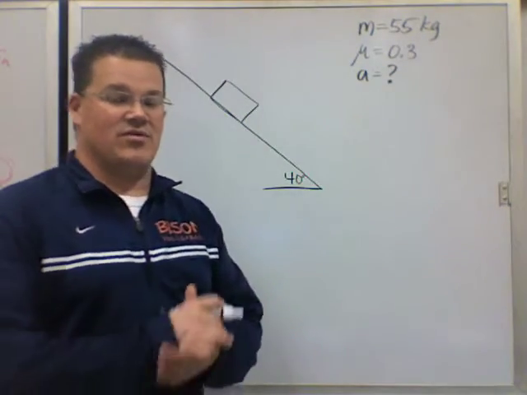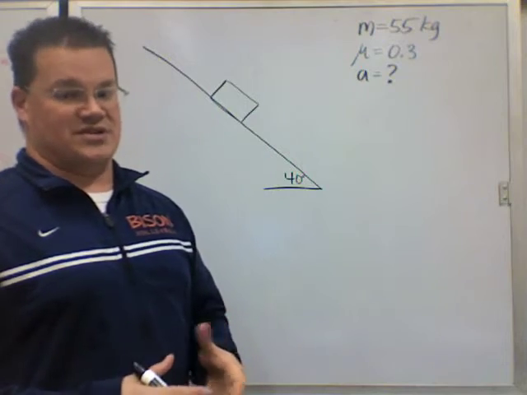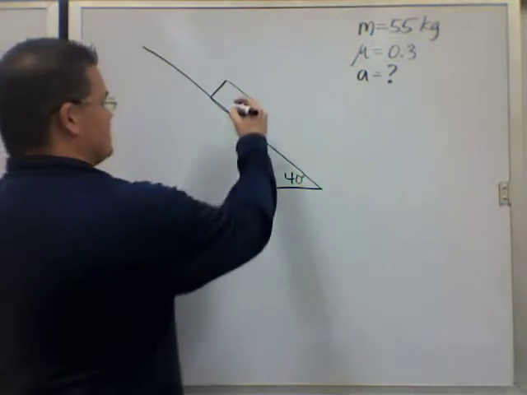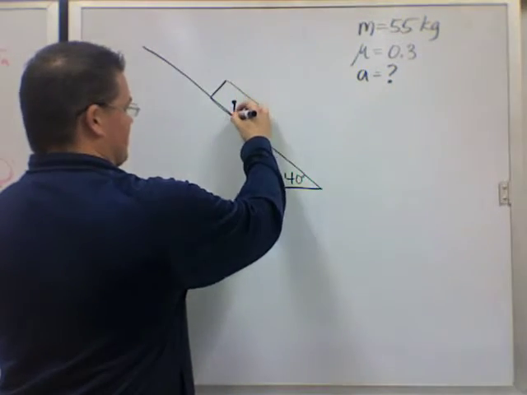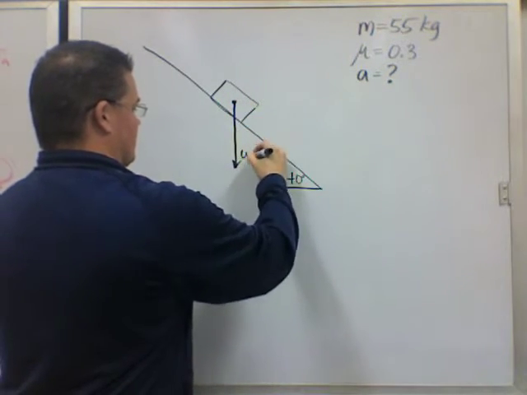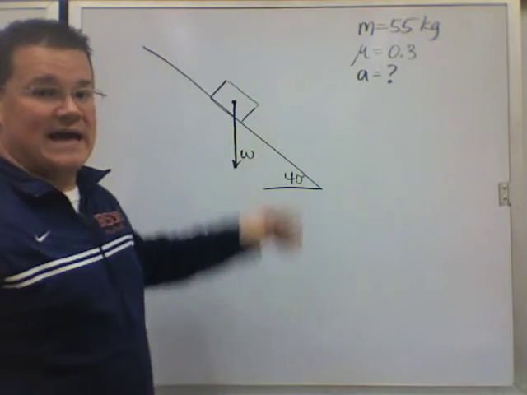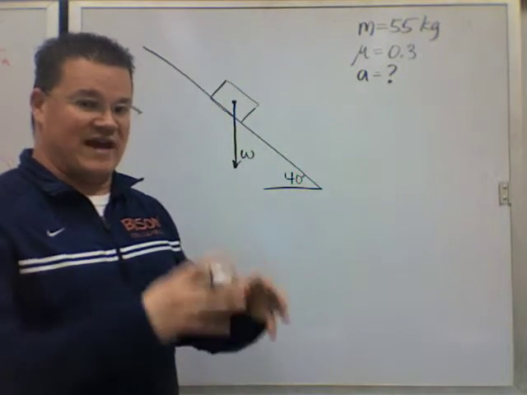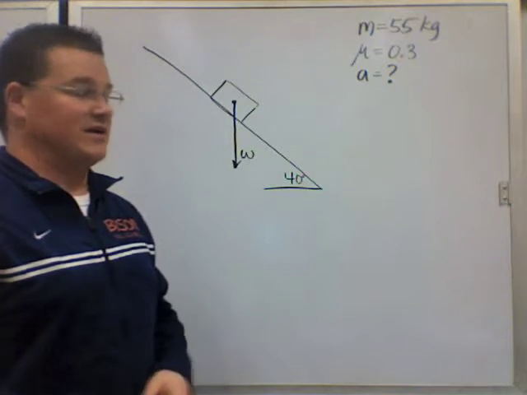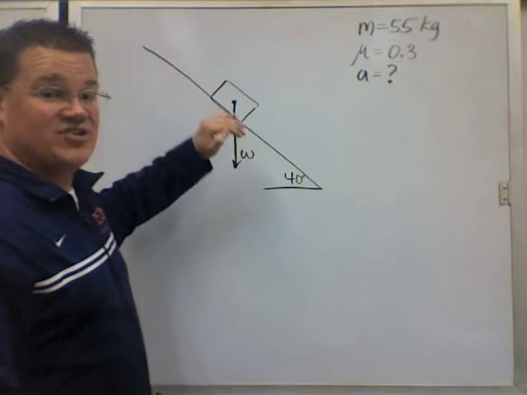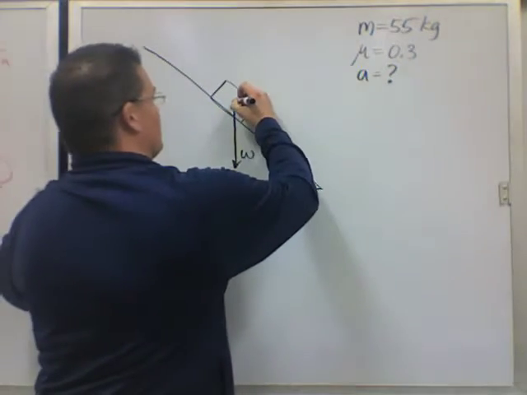So the first step is to label our forces. As with all objects on this planet, we've got weight going down. It's important that when we do a free body diagram, all of those force vectors come right from the center of the object. Weight is going down, and the other force, because it's on a surface, is the normal force.